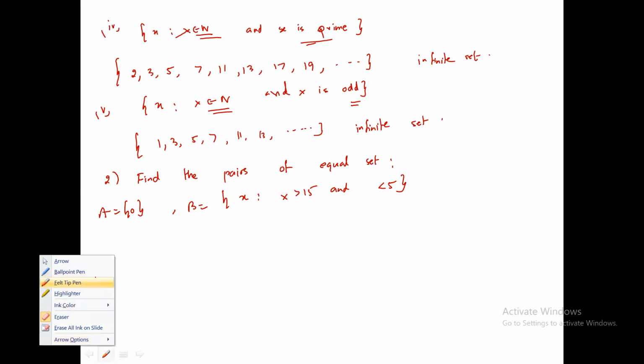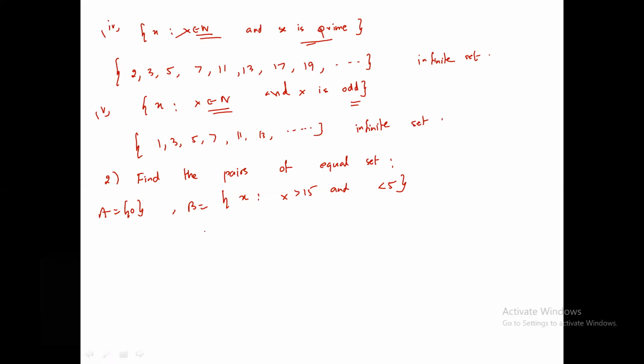What numbers can I write for B? A number greater than 15 and less than 5. That's not possible. You can't get any number. It is an empty set. But A is having 0. So I can say A is not equal to B.